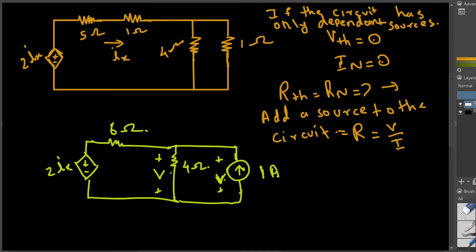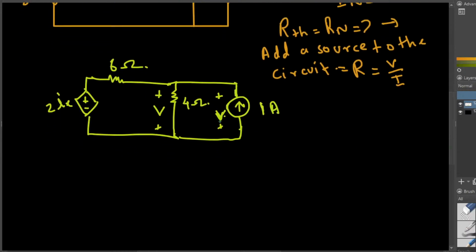Now I'm going to do the source transformation. If I do the source transformation, what's this going to be? I'm going to apply Ohm's law. Ohm's law says V is equal to I times R. The current going through this is 1 ampere, and the resistance is 4.